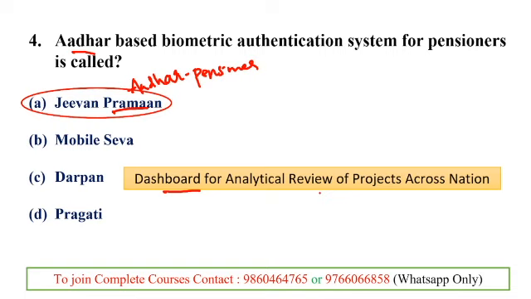So for the analytical review of this project, there will be an institution or a process, that is Darpan. In Darpan, you can also mean the reflection, that's reflection into your own. You can see Darpan here, and Mobile Seva is a platform where you can get e-governance through mobile phones.